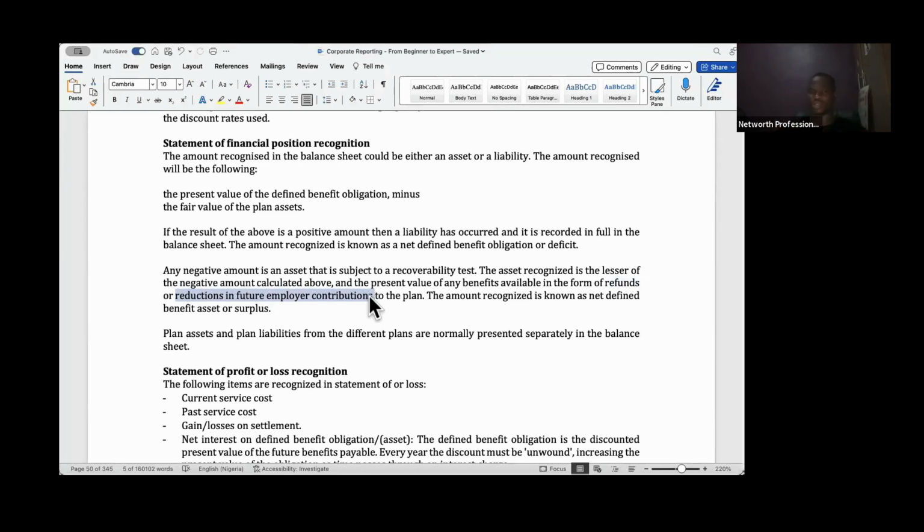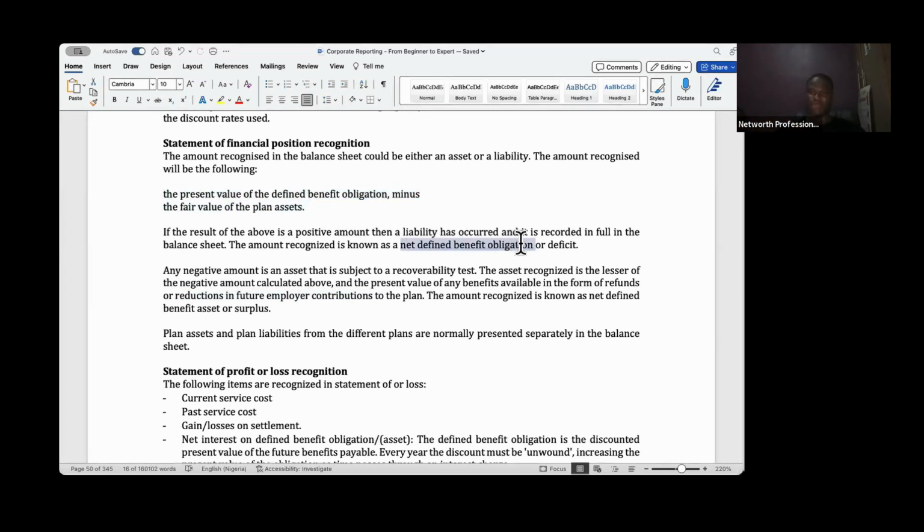You will see how this works when we solve examples on this particular scenario. So majorly, that is the only item that goes into the statement of financial position. We'll probably have shown this in our workings, comparing the benefit obligation with the fair value of the plan asset. Is that net figure that goes into our statement of financial position.